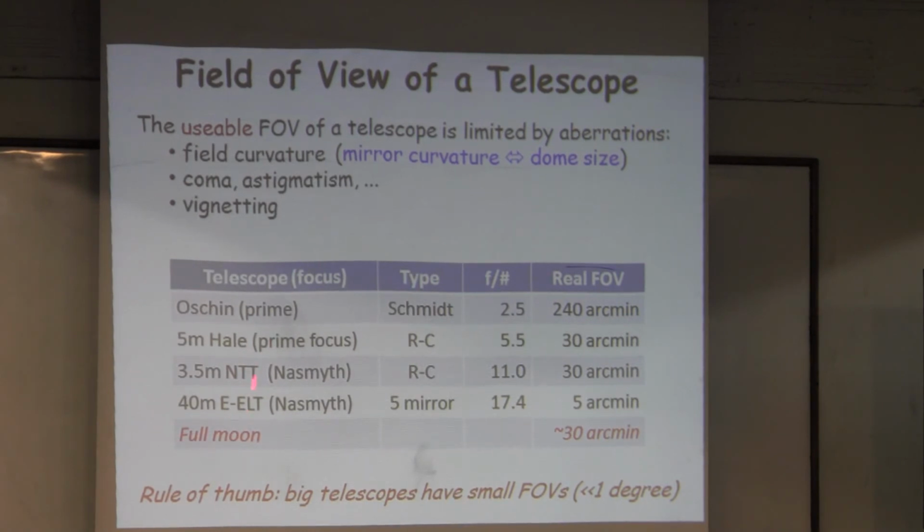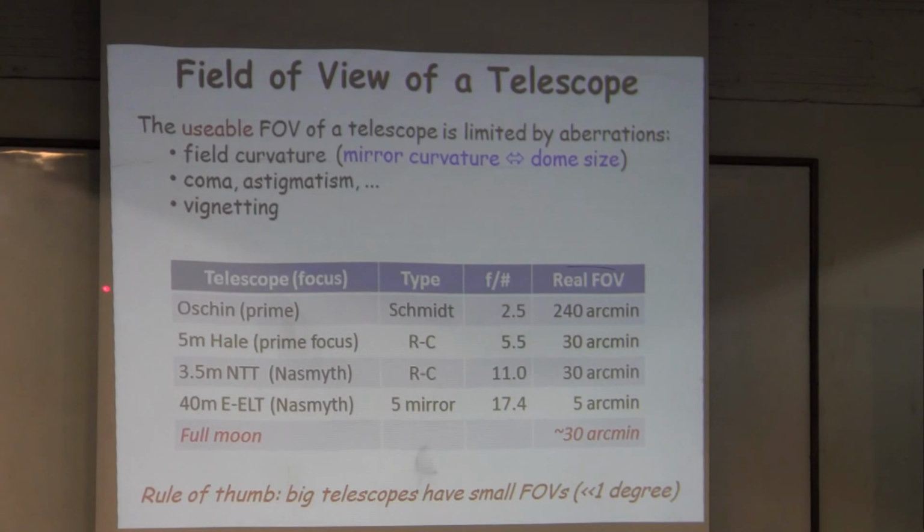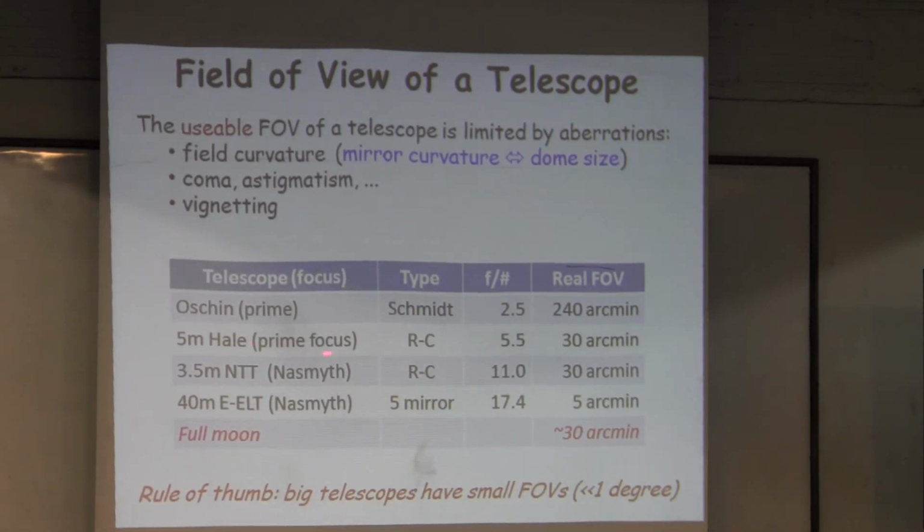I've just listed it here for some telescopes: a typical famous Schmidt telescope, the 5-meter Hale telescope, that's the Palomar telescope in California, the New Technology Telescope of ESO at La Silla in Chile, and what is expected for a 40-meter ELT of different type, RC stands for Ritchey-Chrétien.